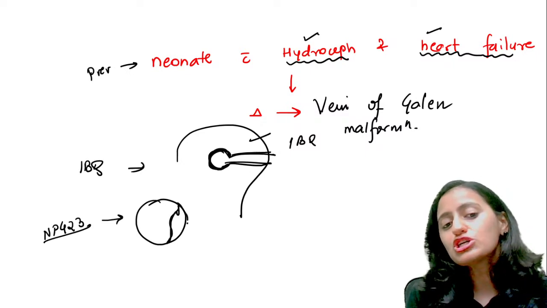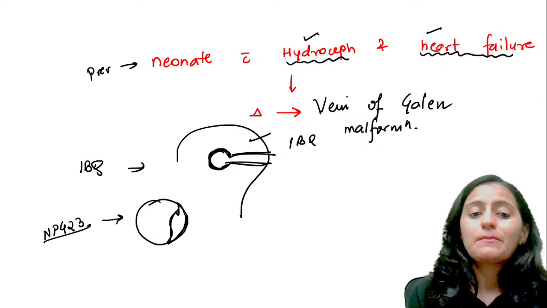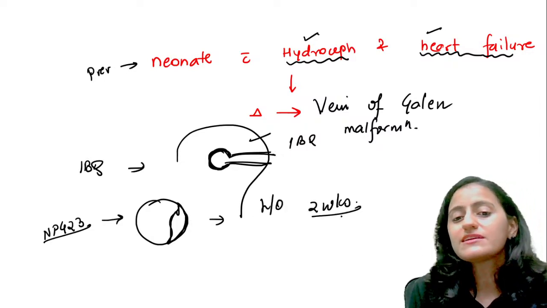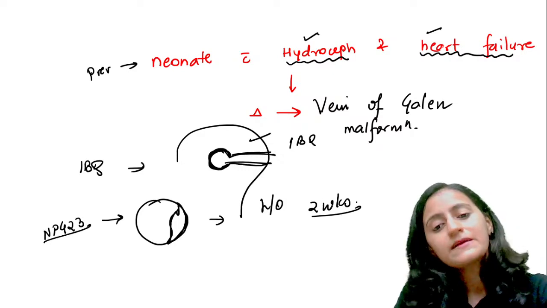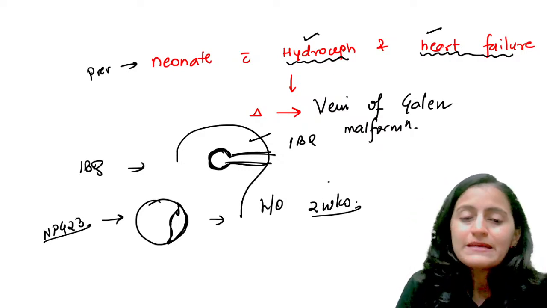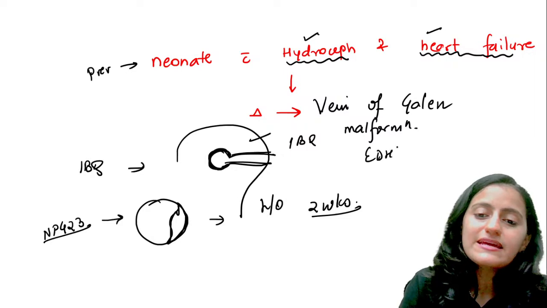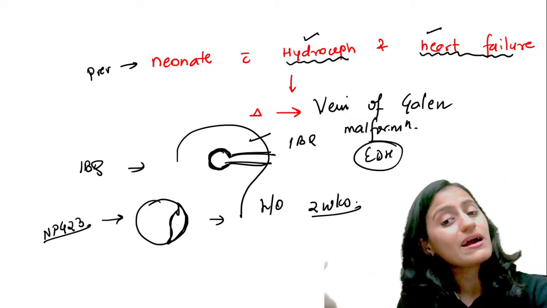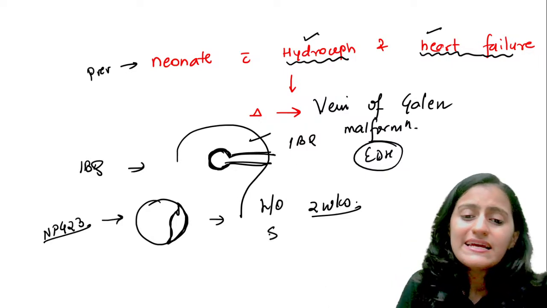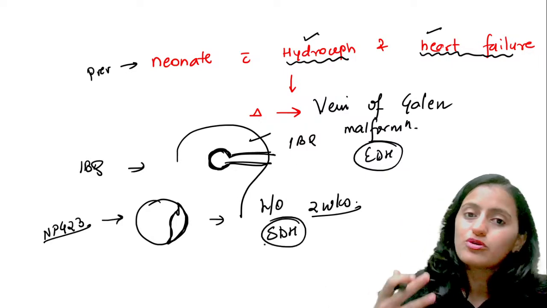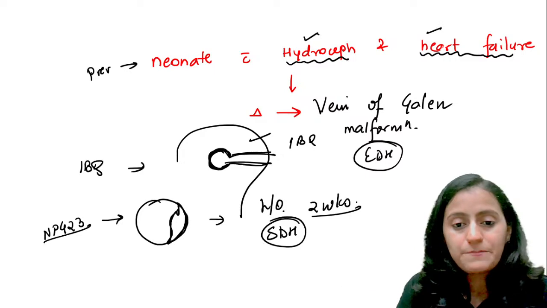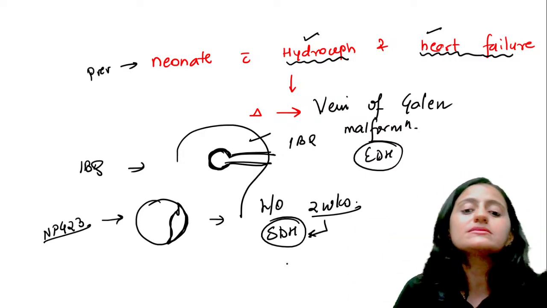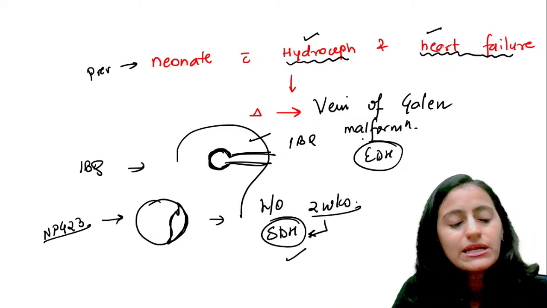That hemorrhage looked like EDH, but the history was a chronic history of 2 weeks, right? Fall 2 weeks before. Clinically, we know that EDH is an acute presentation associated with significant trauma and adjacent bone fracture. SDH is a venous bleed, so it can occur even with trivial trauma. So in that case, history was the major clue in helping you diagnose that this is SDH and this is not EDH.